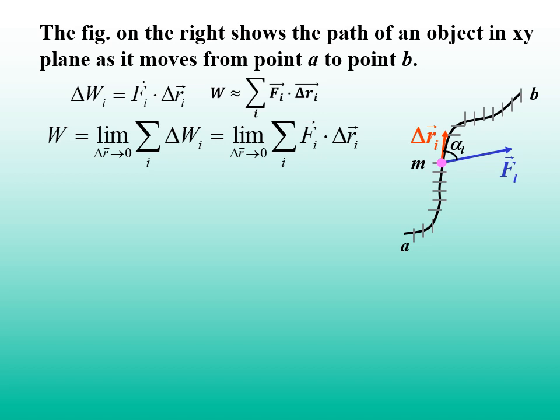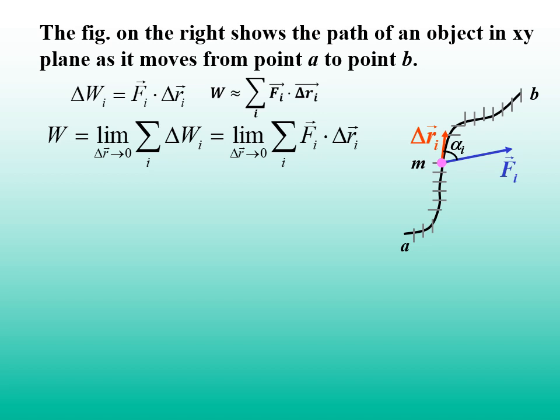If we subdivide the distance into a greater number of intervals so that each delta Ri is smaller, the estimate of the work done given by the sum equation becomes more accurate. If we let each delta Ri approach 0, then we obtain an exact result for the work done.